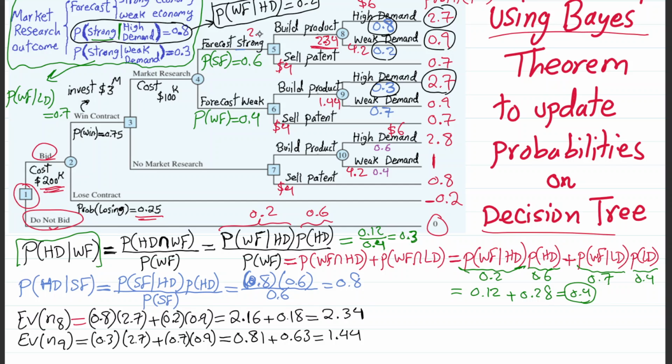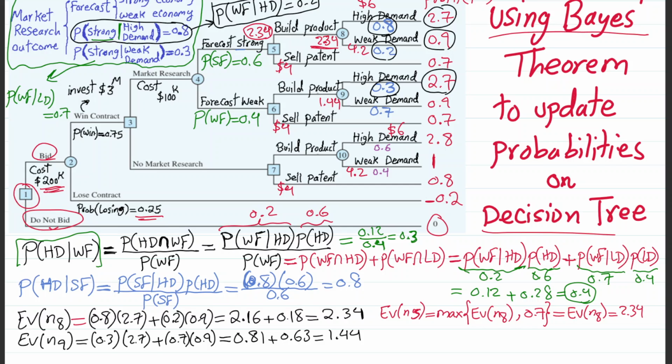I'm going to write 2.34 here because effectively I'm saying expected value at node 5, the decision node, is the maximum of expected value of node 8, which is $2.34 million, and 0.7 million, which is the outcome of selling the IP. Obviously, it's the expected value of node 8, passed backward, $2.34 million. So that's why I wrote 2.34 on 5.